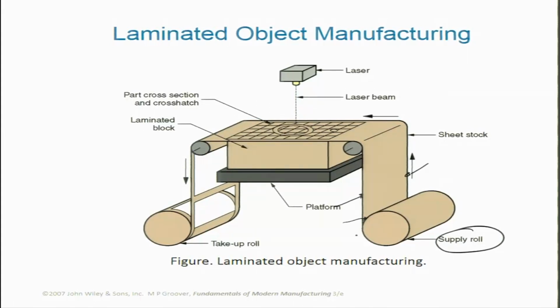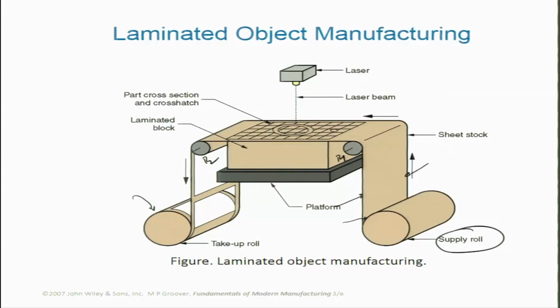So the sheet is rolled out through this set of rollers, roll 1 and roll 2, and on the other side there is again a take up roll which takes the paper and folds it back into a roll bundle.